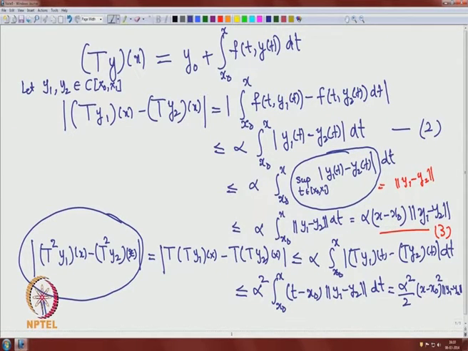So, norm of T square y1 minus T square y2 is less than or equal to, if I take the maximum over there, alpha square into x1 minus x0 square by 2 factorial into norm of y1 minus y2.